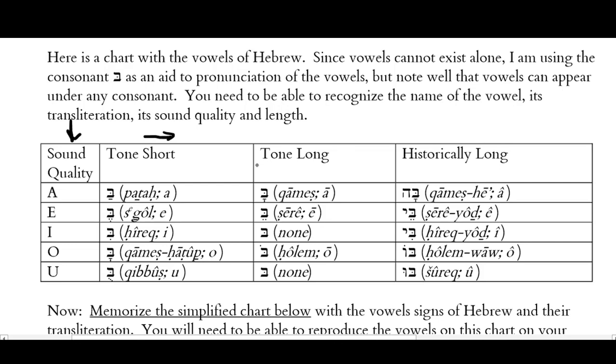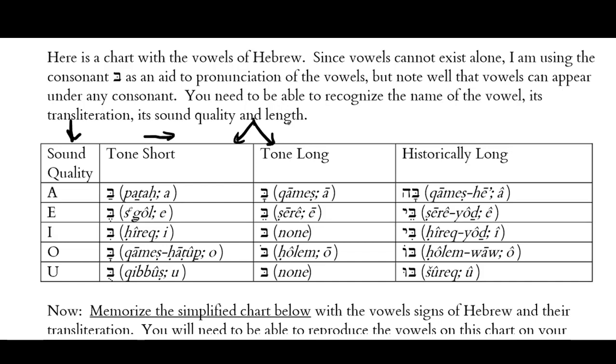This refers to, at least the first two columns here, the short versus the long phenomenon of vowels. For example, in English, we have a couple of I vowels, some shorter or less tense, and others longer or more tense. So think of I versus I or E. Those are more tense or longer I vowels.